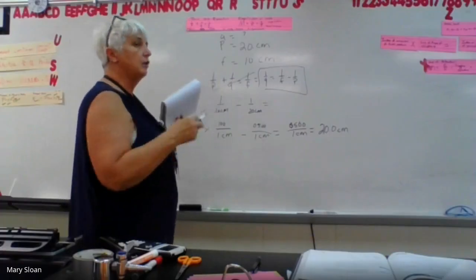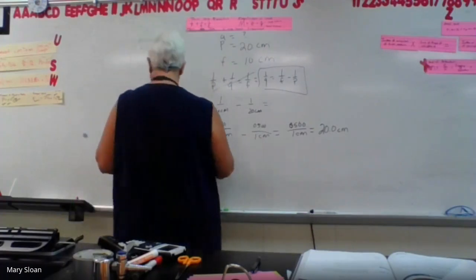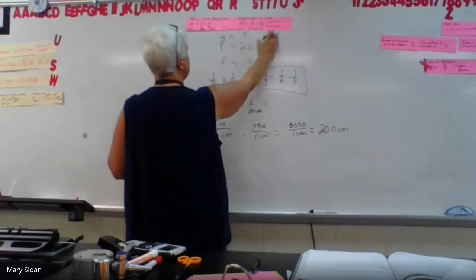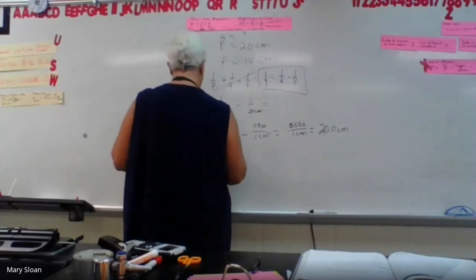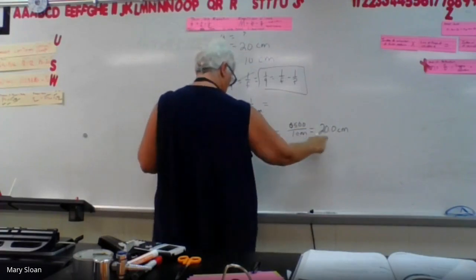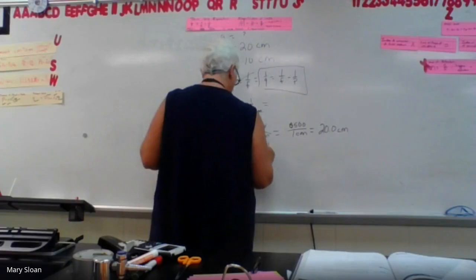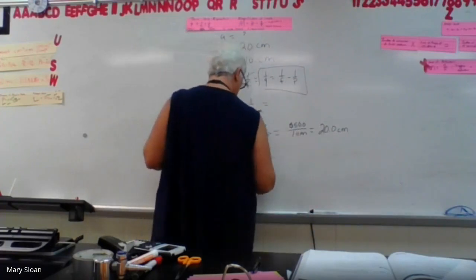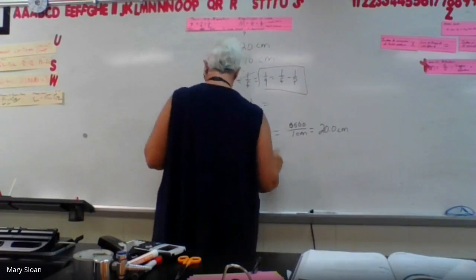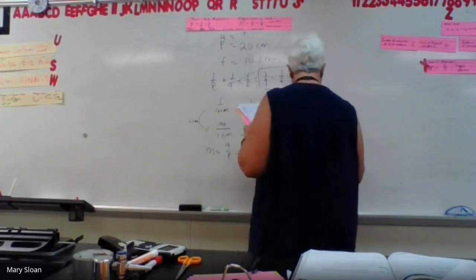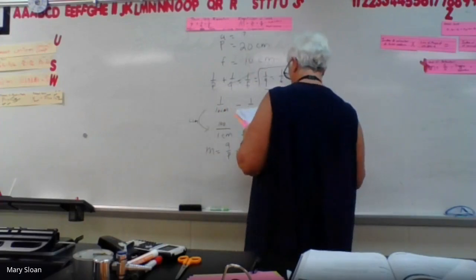No, we're not finished, because now you got to find M. So M equals image distance over object distance, Q over P, which is 20 centimeters over my P, which is 20 centimeters. And my number is a negative 1.00, and this is a real image and is inverted.